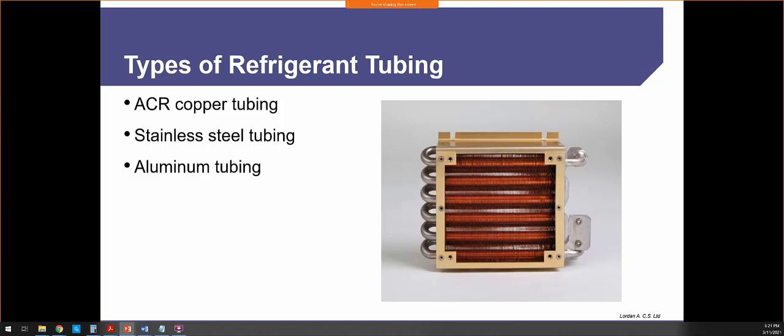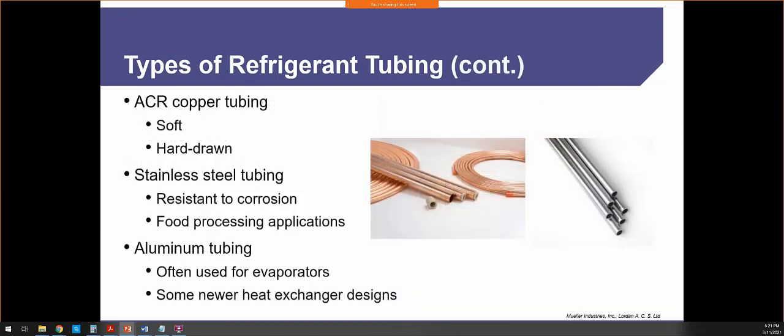The other thing too is you have to make sure that the condenser you're connecting to is able to pump very far distances. Certain units just can't pump very far. So if I try hooking up a 200-foot line set, I may have issues. All right. So ACR copper tubing is soft and hard drawn. Stainless steel tubing is resistant to corrosion, and it's used in food processing applications.